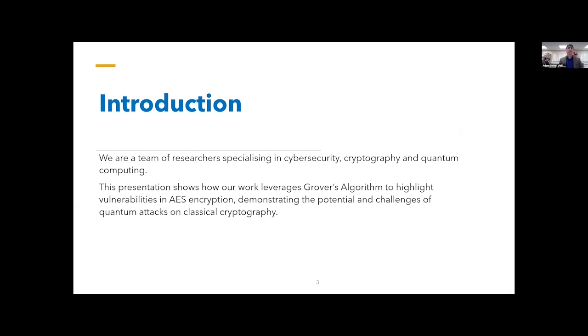So we're trying to break that key, basically using quantum computing. As quantum computing technology matures, classical cryptographic systems like AES face potential threats. Exploring and understanding these risks is crucial to preparing for a quantum secure future.